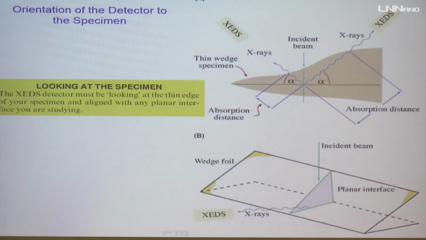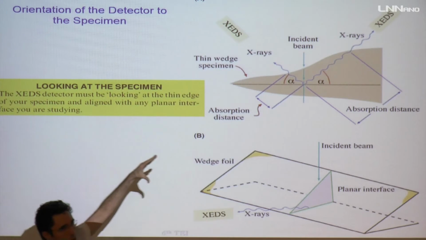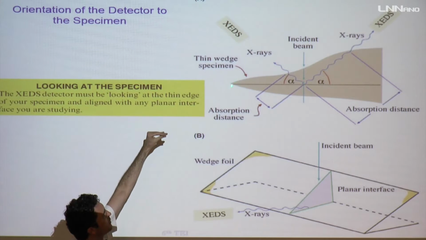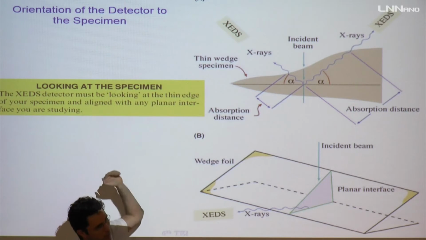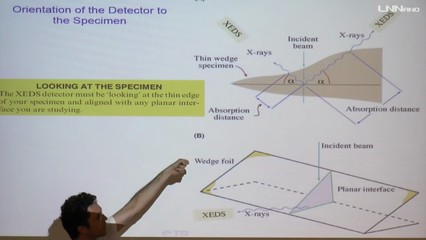Remember the dimple prepared sample. You have a dimple in the center, and then you create a hole inside it with the ion milling system, and then you have the electron transparent region at the border of this hole. The appearance of such a sample will be something like this, okay? A very, very thin place here, but thicker regions in the direction of the edges of your disk, okay?